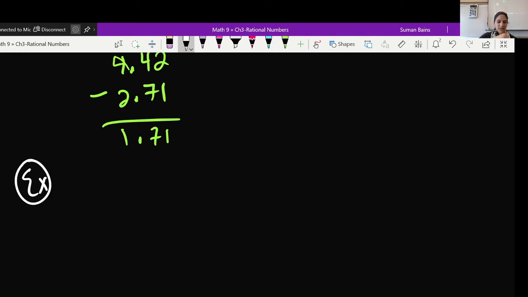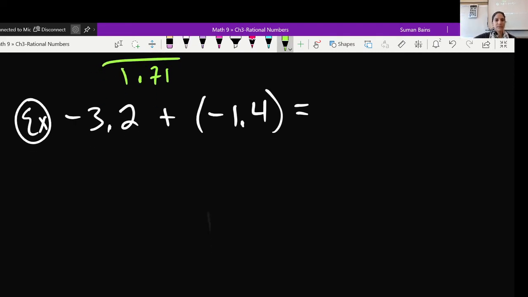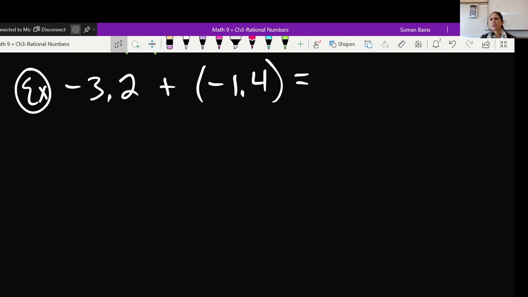Each time there's something a little bit different that's added in. So let's say we have negative 3.2 plus negative 1.4, and we want to figure out what the final answer is. Go ahead and take a second to work through that. Or you want to go through it together?